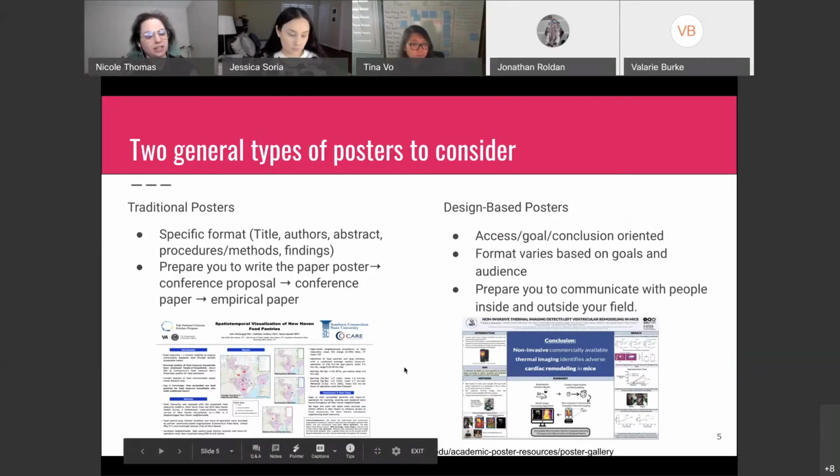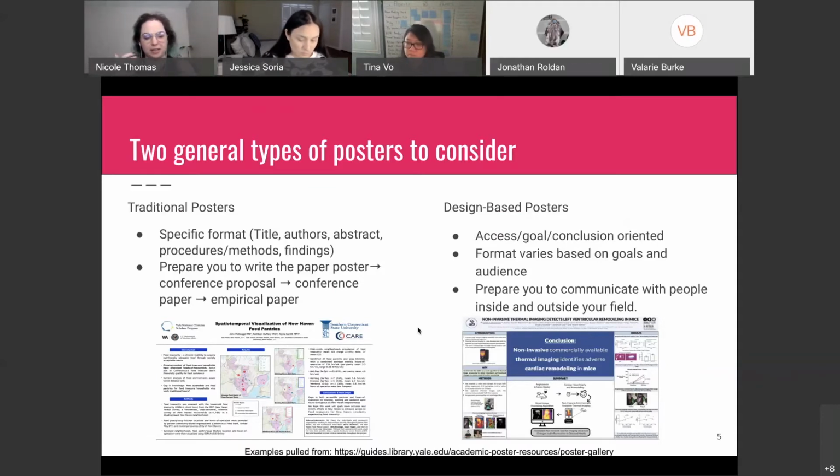You don't want to overwhelm people with just words, and you don't want to read directly off of your poster. You want to have bite-sized tidbits of information that people can process easily while walking by, while viewing it, and then whatever information you want to give them, you're able to expand upon.